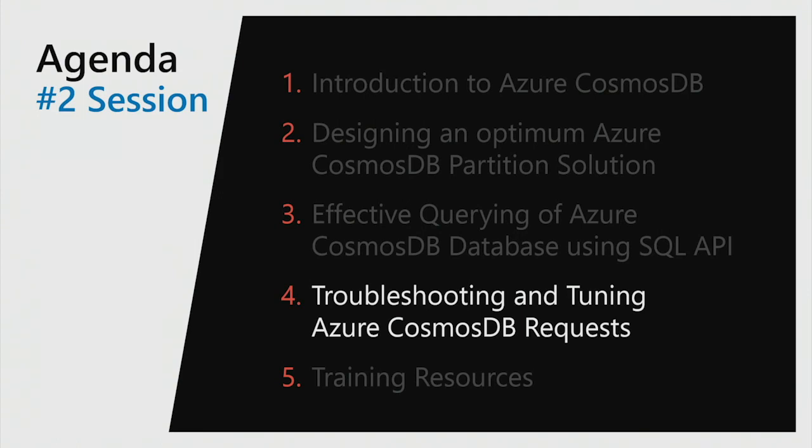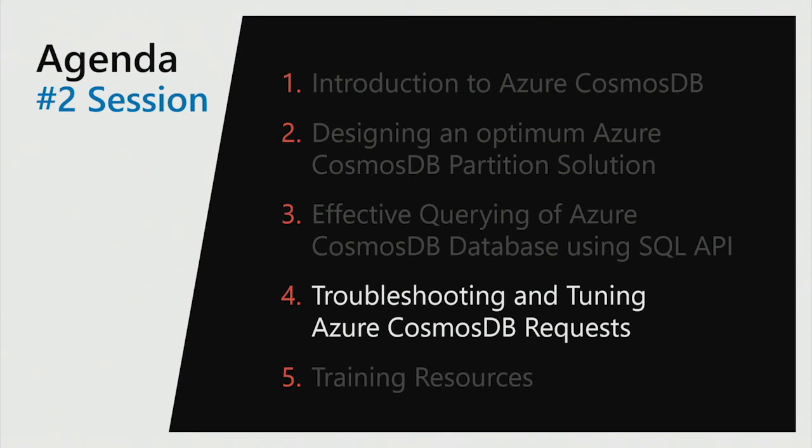Okay, well, let's do part 2. So part 2 is more focused on this: we have our CosmosDB up and running. It's not quite performing exactly as I want it to, or it's costing me too much money to get the performance characteristics I need. How do I fix that? What can I do?